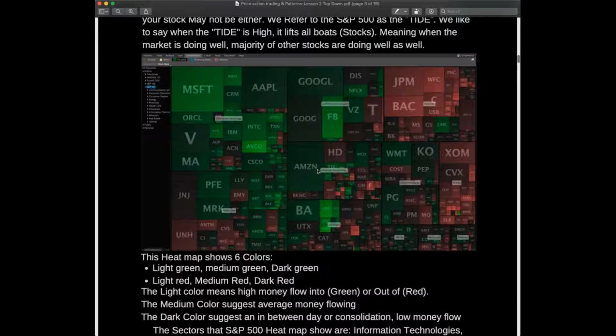So if we look at this heat map, we could tell right away that healthcare isn't doing much. It's all dark. So healthcare is flat. We look at industrials. We have some industrials receiving some good money. LMT, RTN, NOC.